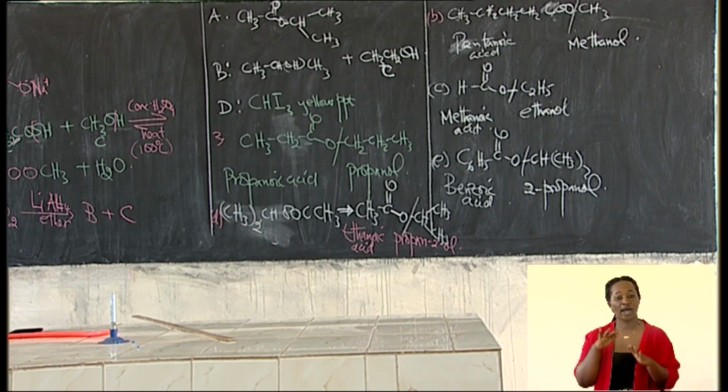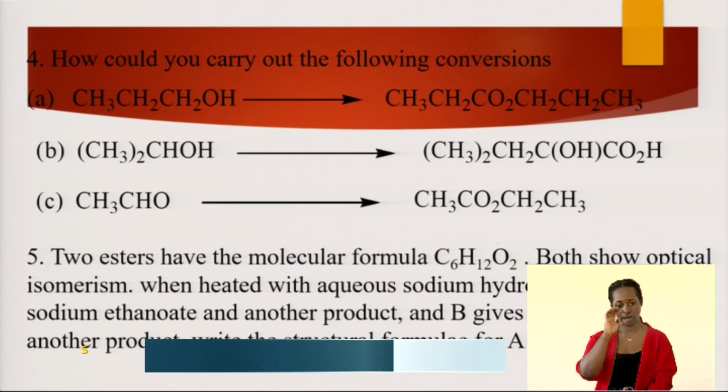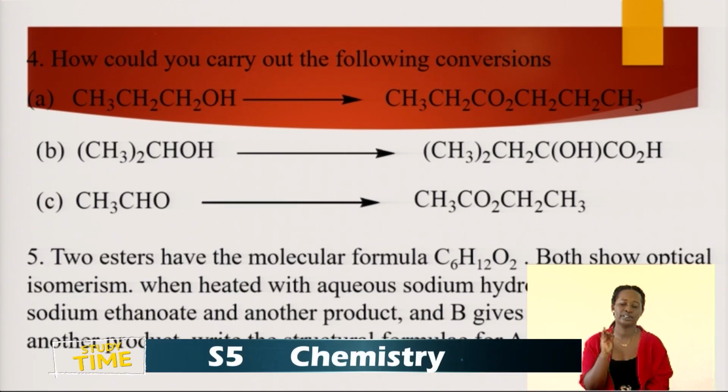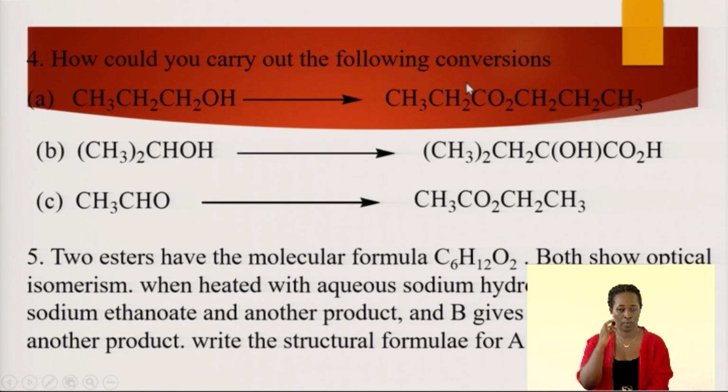All those can be the questions. How would you carry out the following conversions? You have the ethanol to, that is a carboxylic acid. How do you convert these two? From an alcohol, which is propanol, and then move to this carboxylic acid. From, this is an alcohol again, which is a propan-2-ol.